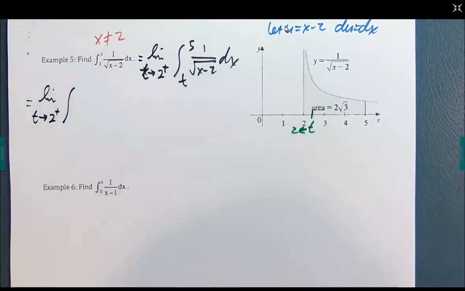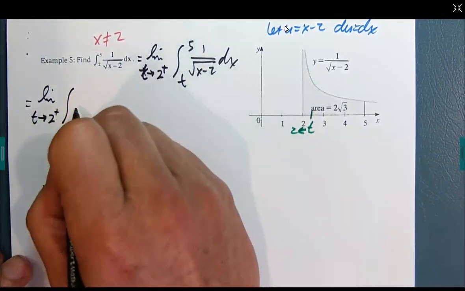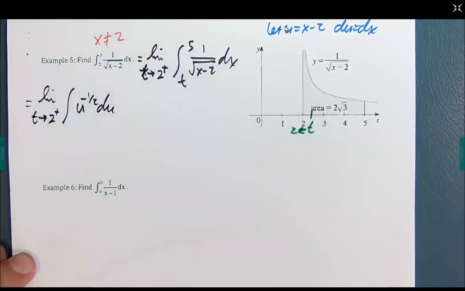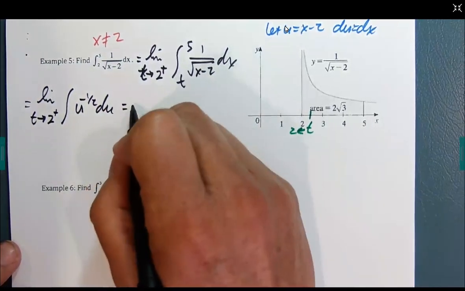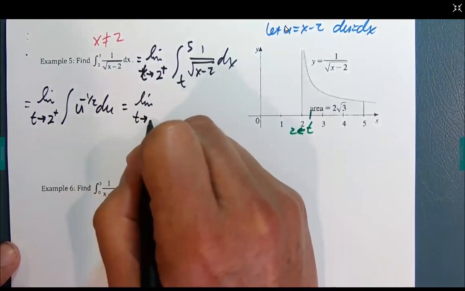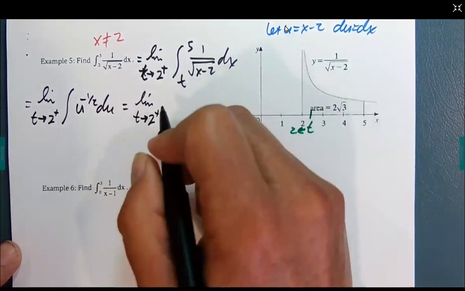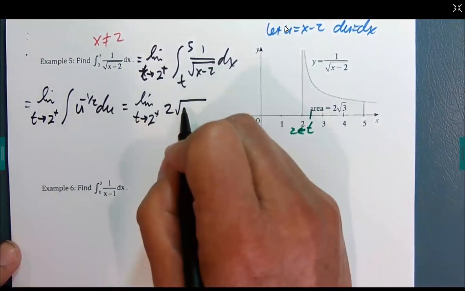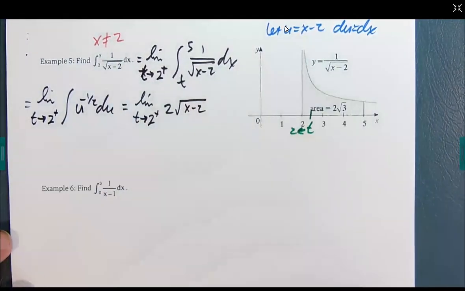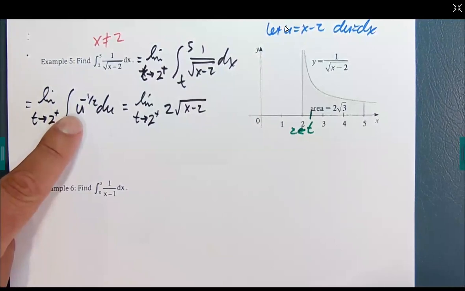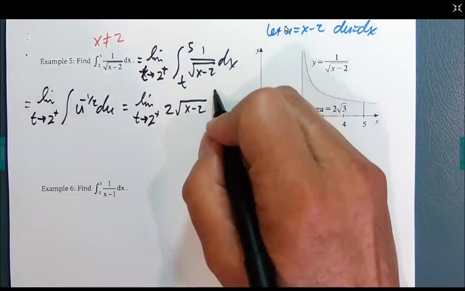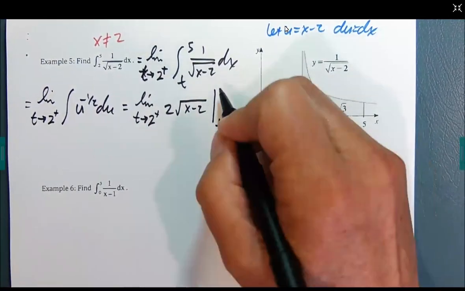I'm not going to convert them to u. I'm going to convert everything back to x. And so this integral is going to give me the square root of x minus 2. So that becomes 2 root u, and u again is here. And this is going to go from, I'm going to go back to boundaries, t to 5.